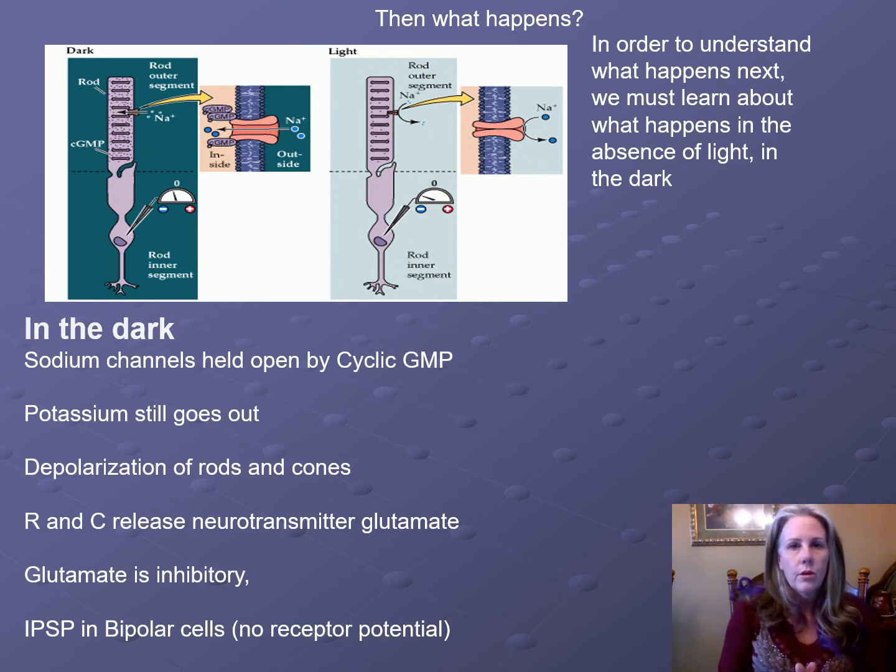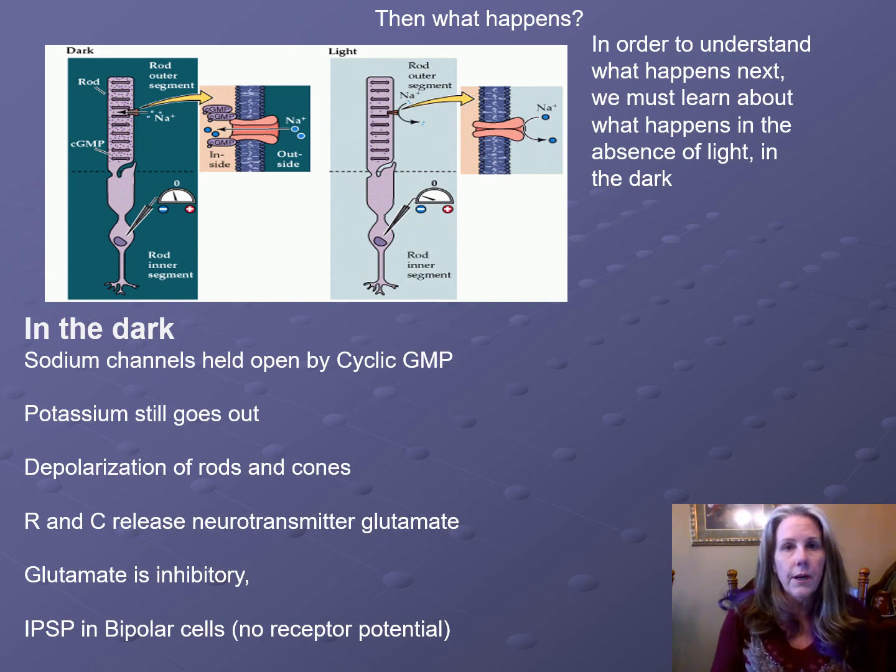So, like I said, in the dark, in the absence of light, the photoreceptors are depolarizing, and it has to do with that cyclic GMP. So they're depolarizing, and as a result, releasing that neurotransmitter glutamate. Glutamate is inhibitory, and so it causes an inhibitory postsynaptic potential in the bipolar cell.